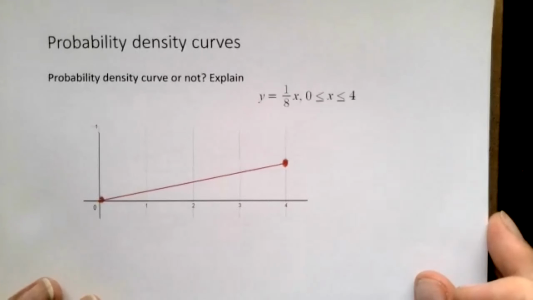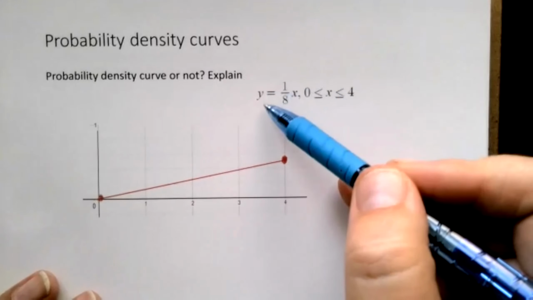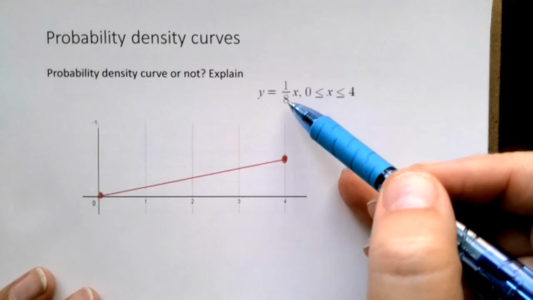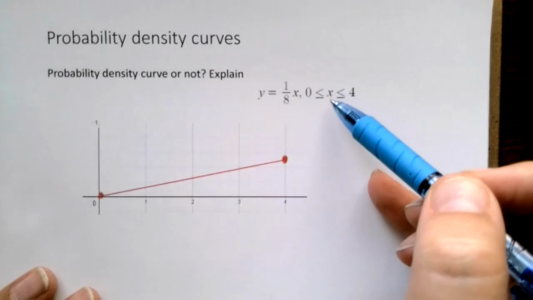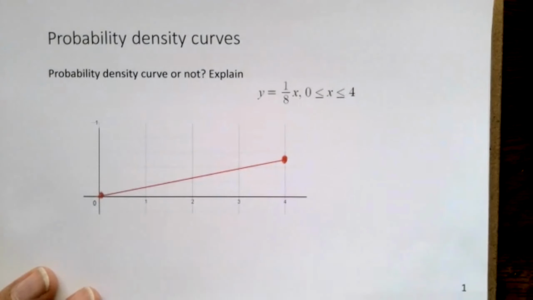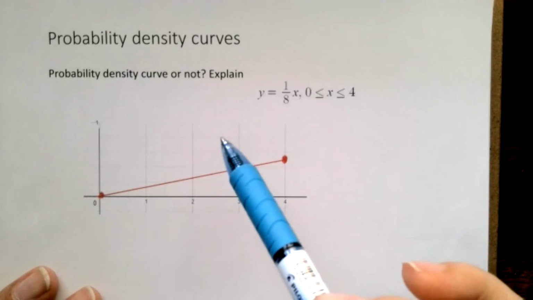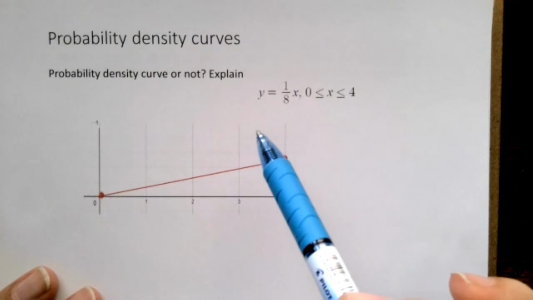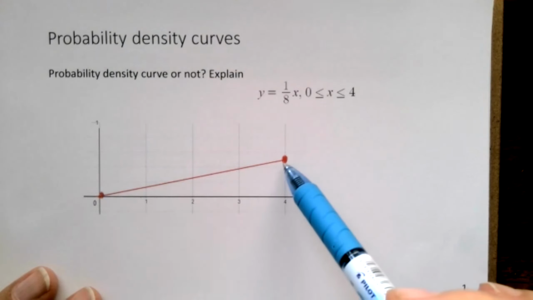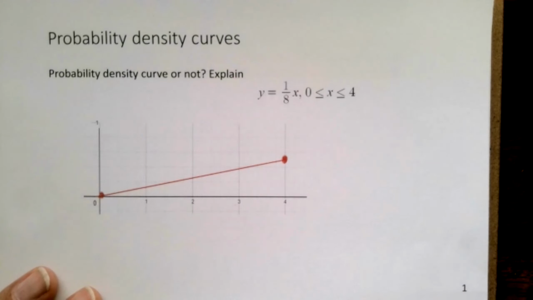All right, what about this one? Is this a density curve? Now, the equation here is y equals 1/8 x, and x is from 0 to 4. All right, so it satisfies the first requirement. The curve is above the x-axis. So we have a check mark by that.